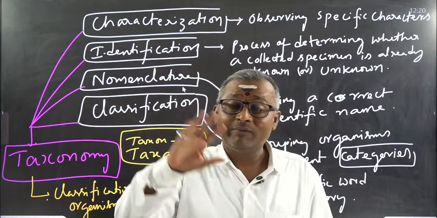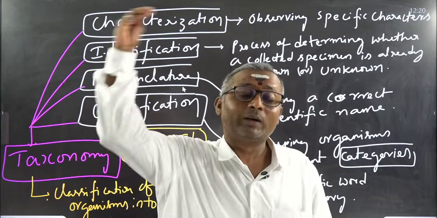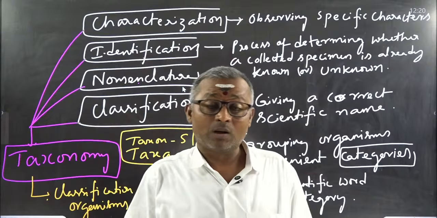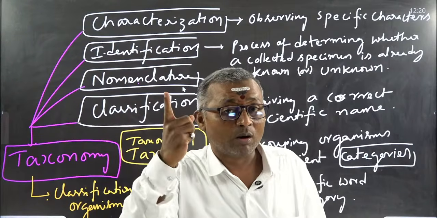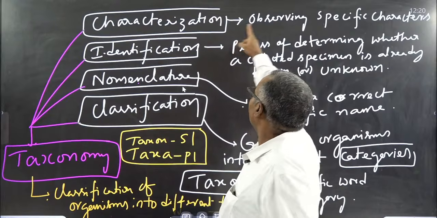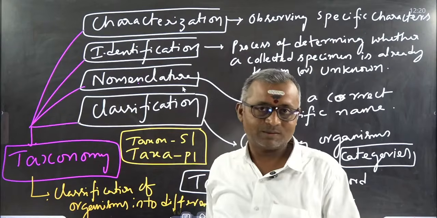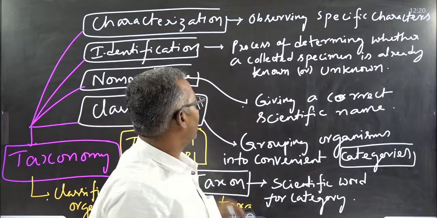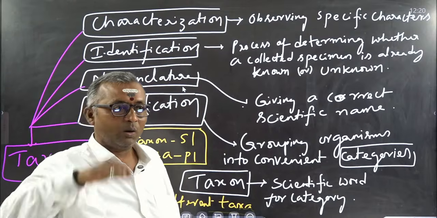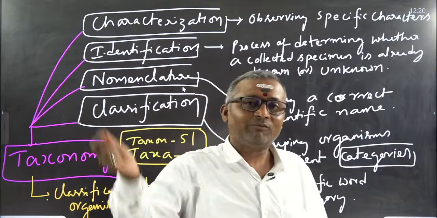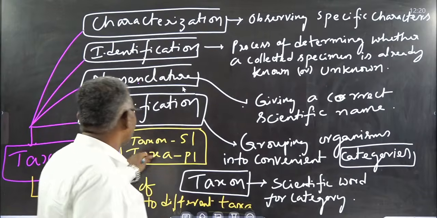Similarly, living organisms are also categorized. They are divided into different groups on the basis of simple observable characters. This process itself is called classification. Now the term category that we are using is also called taxon.